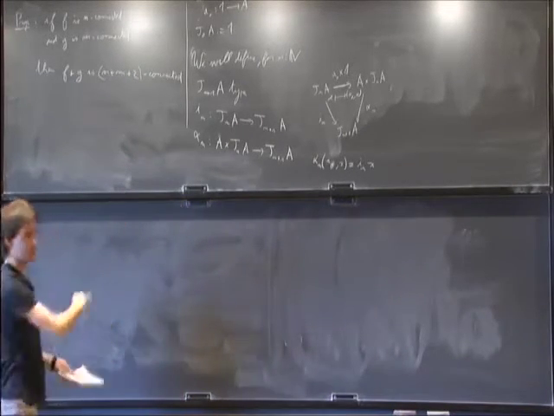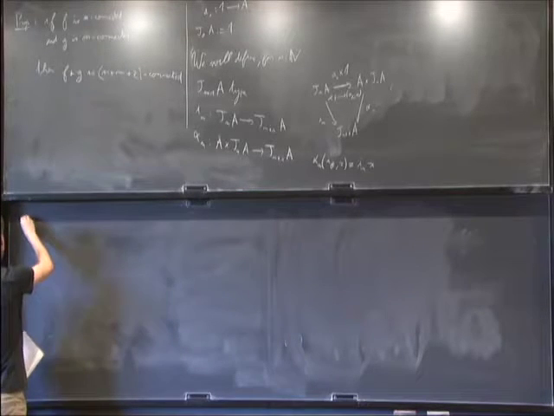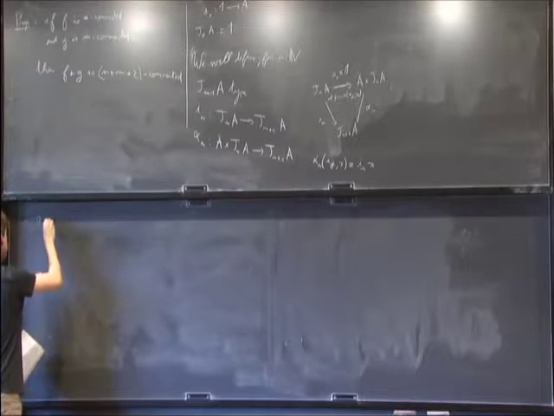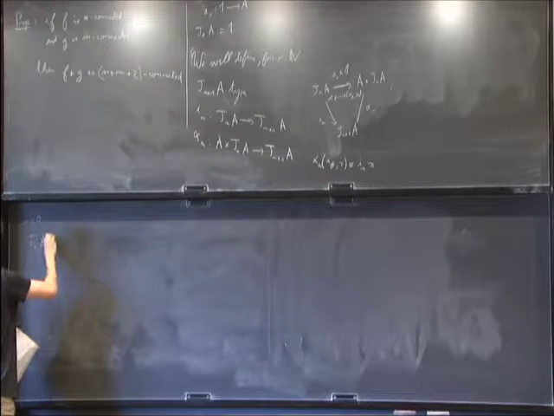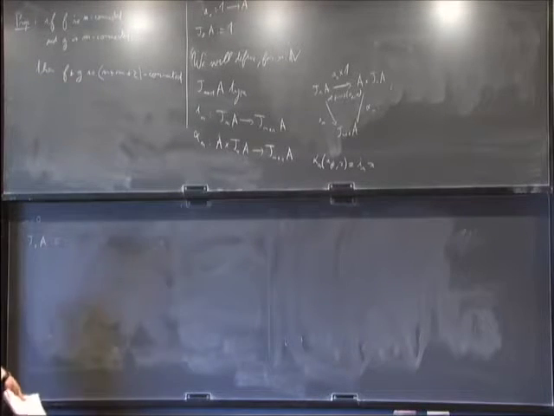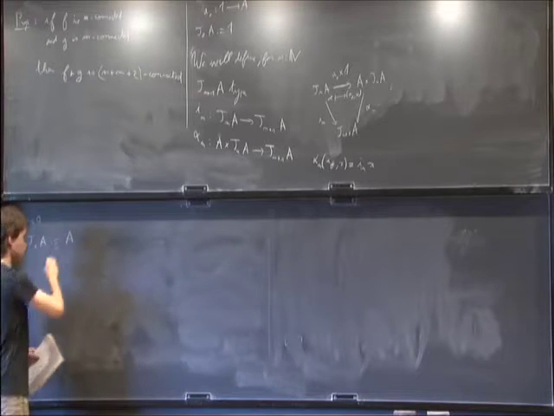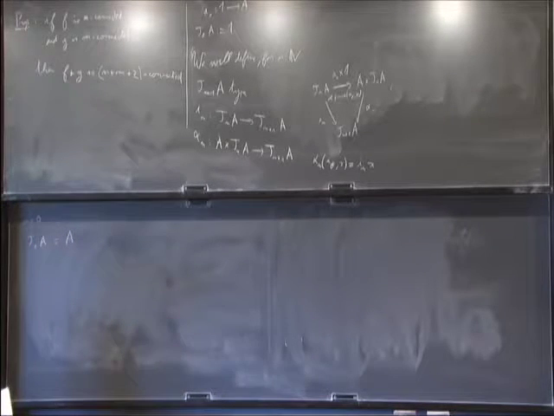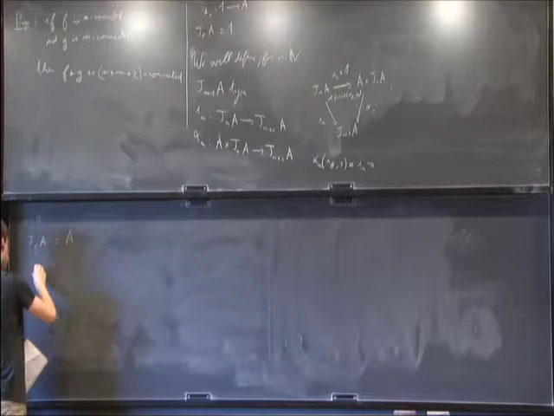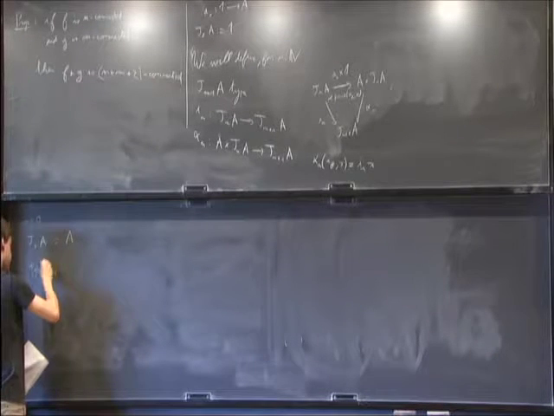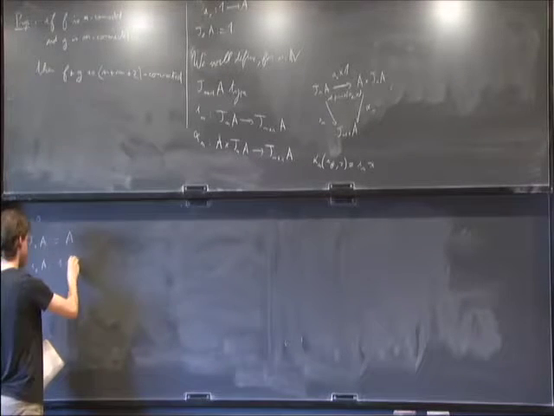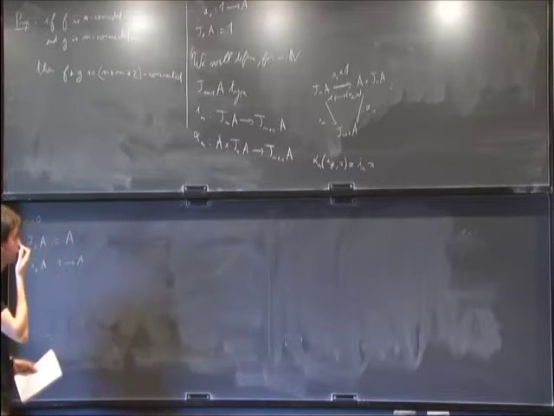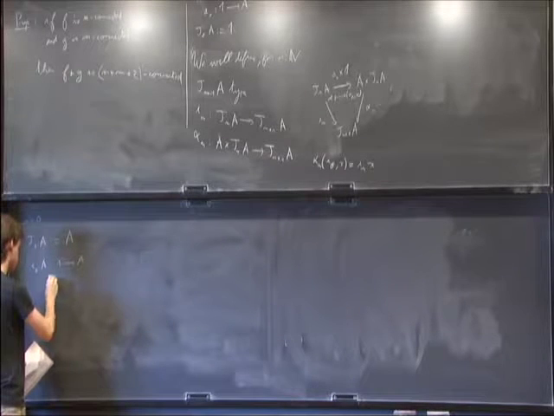Okay, so we want to do that by induction on n. So for n equals 0, we want to define j1 of A. So it will be A. The number one term in the sequence was A. I naught of A should be something from 1 to A. So why isn't that a definition already?